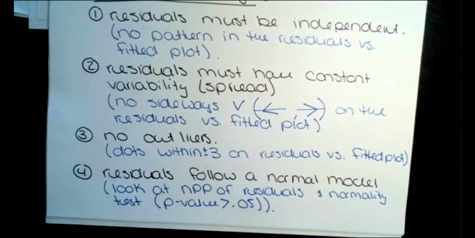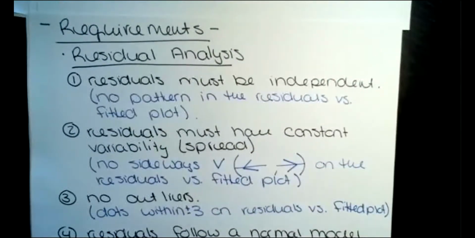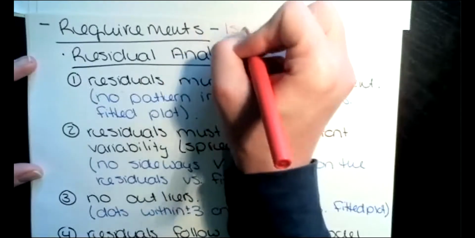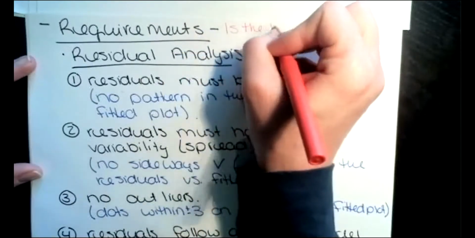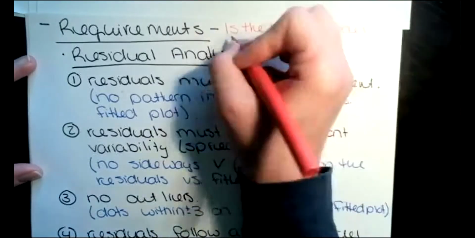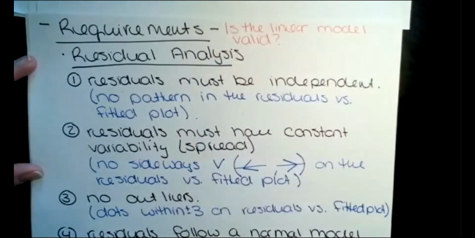So if one does not work out, then I'm looking at my model not being valid, okay? So for my requirements, let me just write this. So we're wondering, is the linear model valid? What I'm saying here is I want to know, is a linear model the way to go? That's what we're checking.